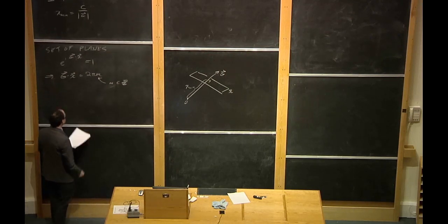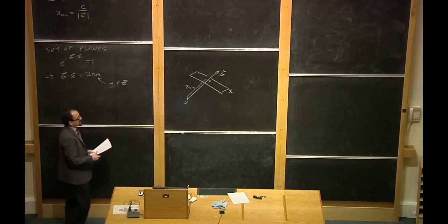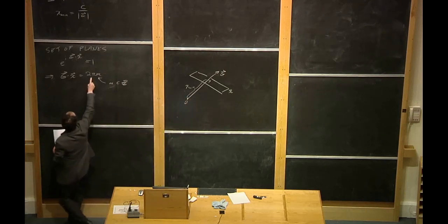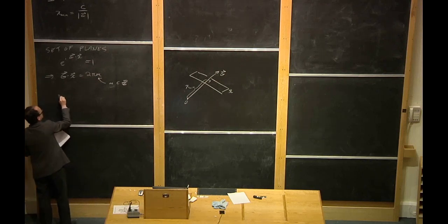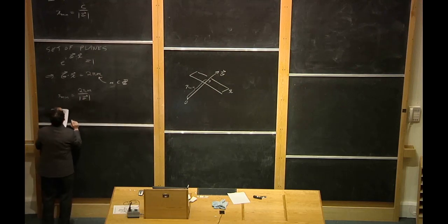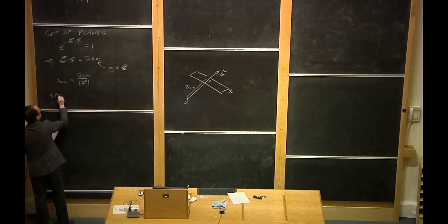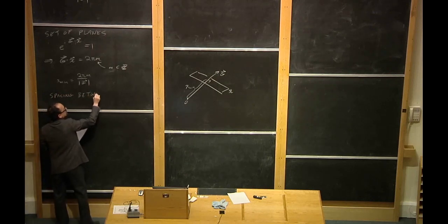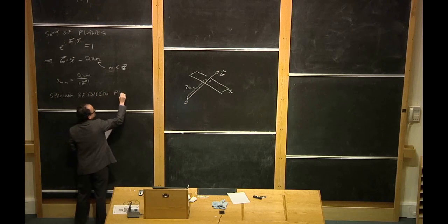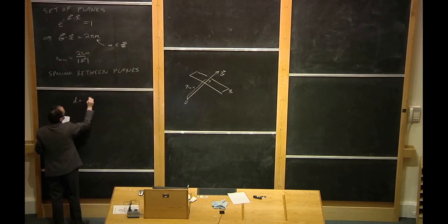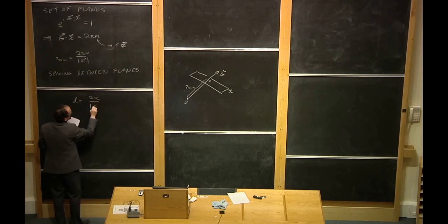So that means we have a whole bunch of planes whose minimum distance to the origin is given by 2πm. So x_min = 2πm over |G|. So the spacing between planes, d, is 2π over |G|.